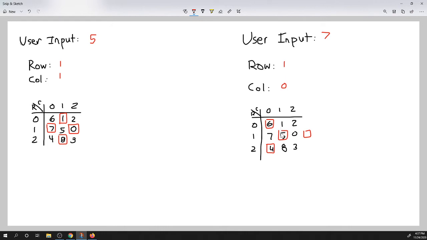You just have to look above or below, to the right, to the left, but there are some little twists where you have to add some if statements to say, hey, if the row or the column number is smaller than 0 or bigger than 2, then don't do that part. Okay, so there are many different ways to handle that, but that is the basic idea.